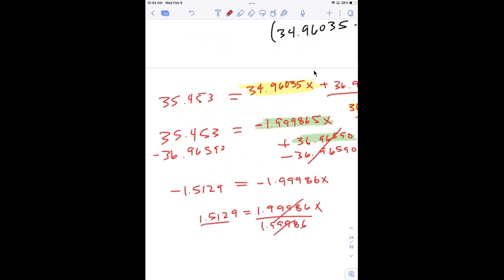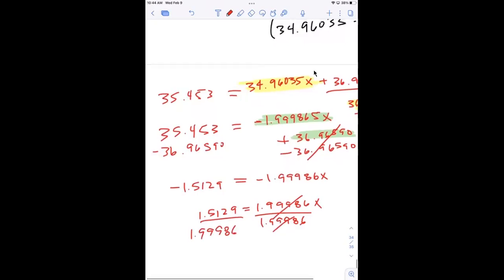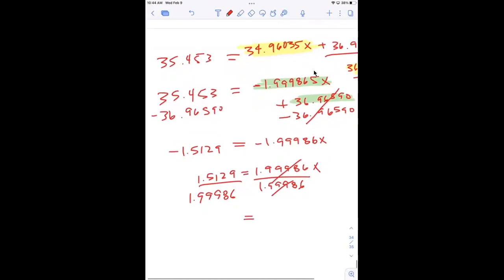That's going to cancel. 1.99986. So what is x? I got 0. It's a long number. That's okay. Give me four sig figs. 0.7565. Okay, we'll keep that.